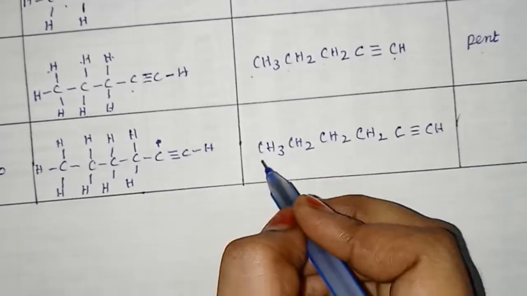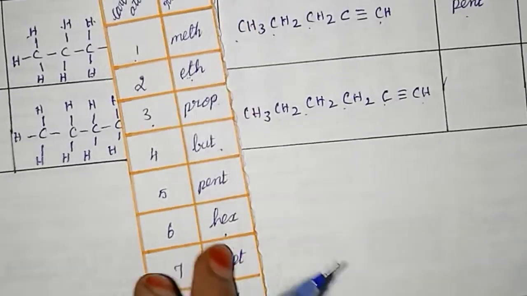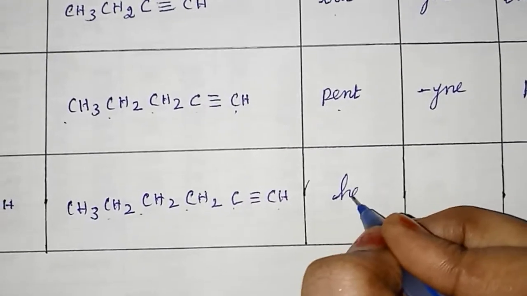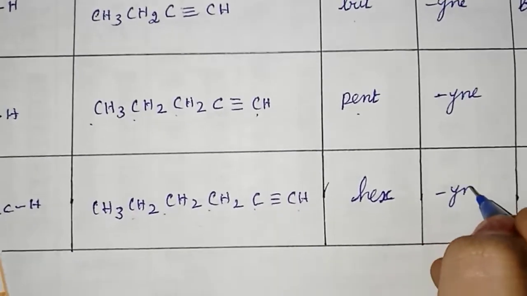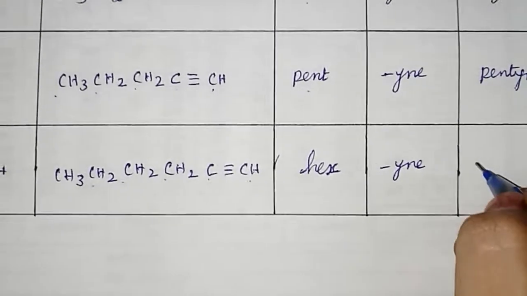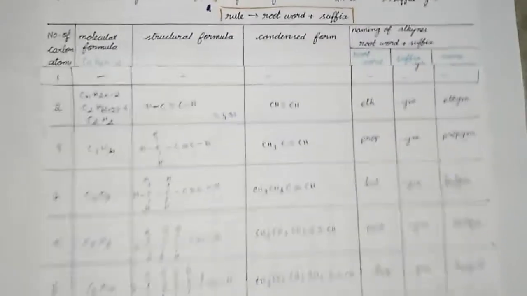Okay. So 1, 2, 3, 4, 5, 6: 6 carbons. The root word is hex. So the suffix YNE. So what is the name? Hexyne. So these are the first 6 members of the alkyne family.